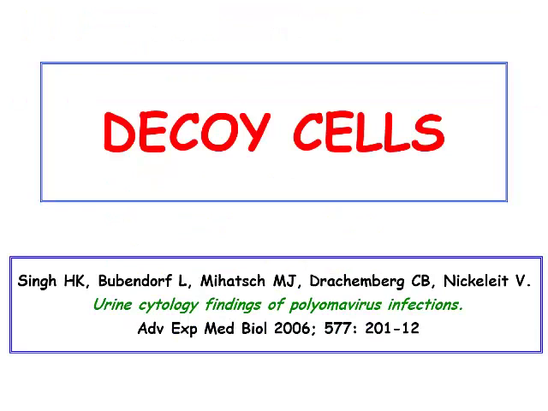So, at this point, what are the decoy cells? First of all, why are they called decoy cells? There is an interesting story behind this terminology. In the 50s, in the United States, there was a very famous cytopathologist who was asked to investigate the presence of cancer cells in the urine of patients working in a special type of manufacturing. He had a technician who was included in the program, and he was in charge of analyzing the urine.